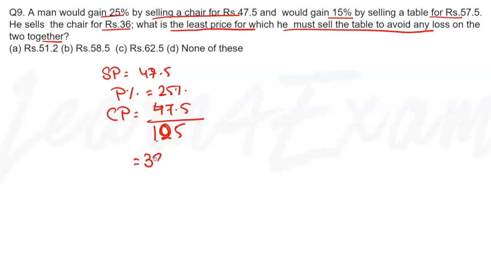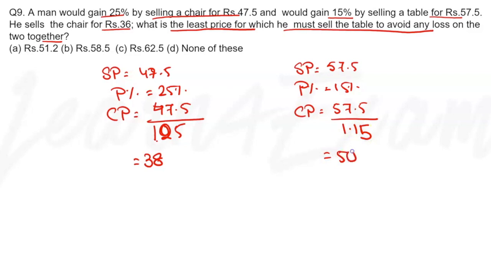So this comes out to be 38 rupees. And the selling price of the table is given as 57.5. I am making a profit percent of 15%, so the cost price of the article would be 57.5 divided by 1.15, which comes out to be 50 rupees. So the total cost price would be equal to 88, that is 38 plus 50.